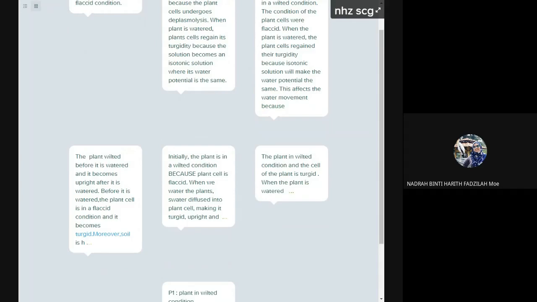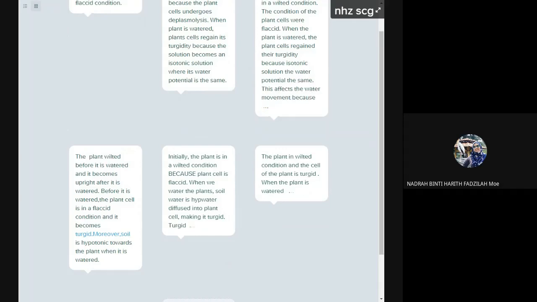Point number 4, water diffuse into the plant cells. Point number 5, plant cells become turgid. Point number 6, turgid cells provide enough pressure to support, point number 7, to support the plant to stay upright.